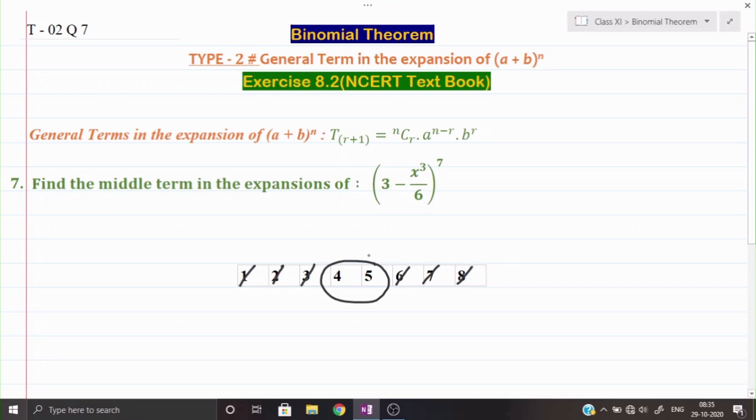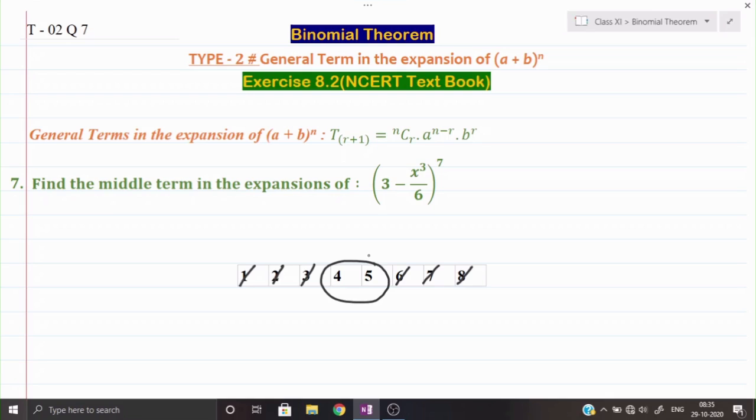Remembering the formula is always a problem, because we forget the formula and cannot apply it. So if you remember this method you can easily find out. You have to cancel the same number of terms from the left and from the right, and whichever terms remain after cancellation, which could not be cancelled further, those will be the middle terms.